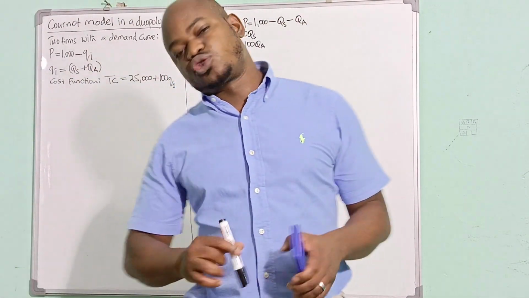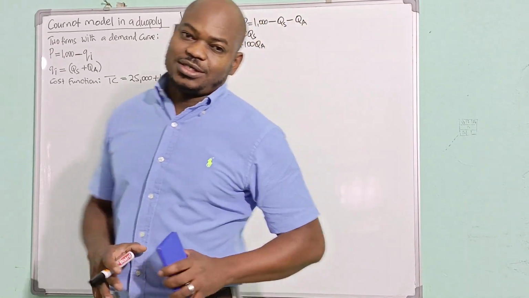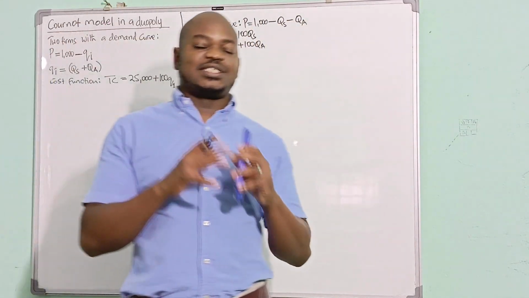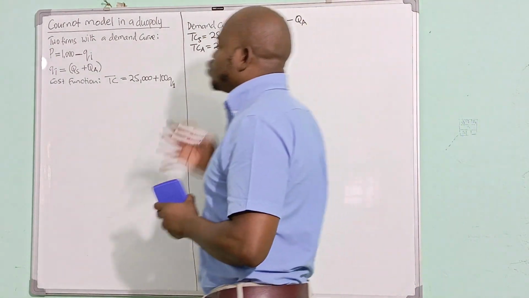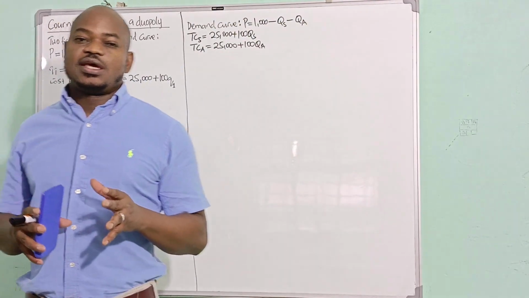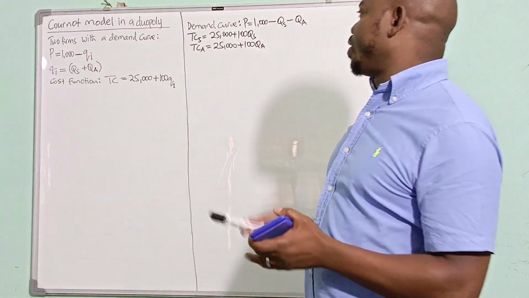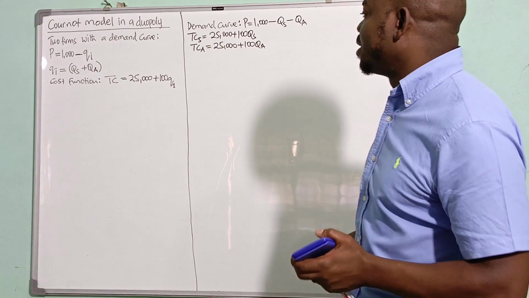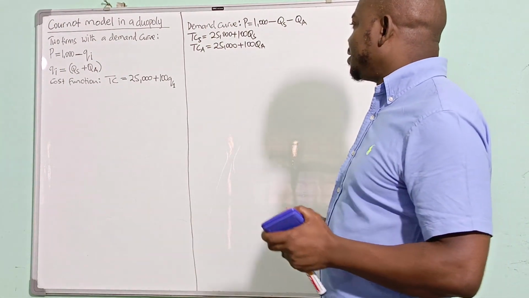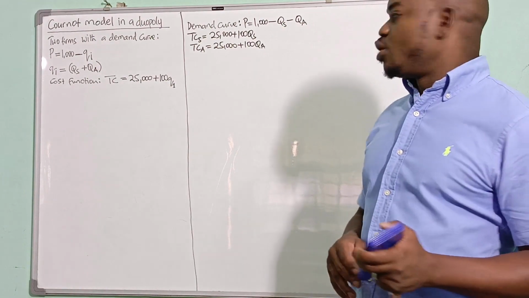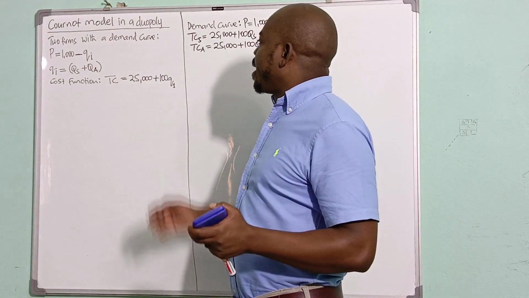A duopoly is a situation where we only have two firms, and these two firms are reacting at the same time. This is one of the concepts in game theory. I'll demonstrate how we calculate the quantity that each firm should produce and what the ideal price would be based on a Cournot model in a duopoly.